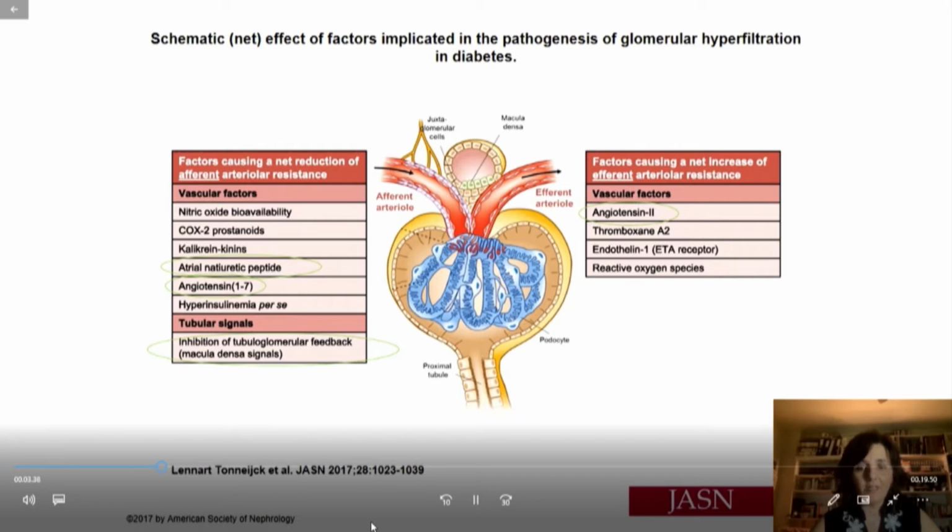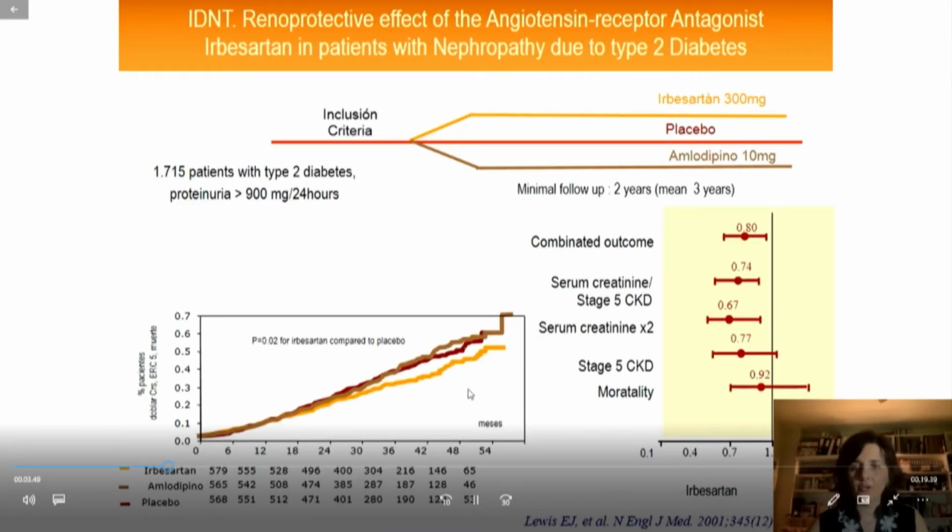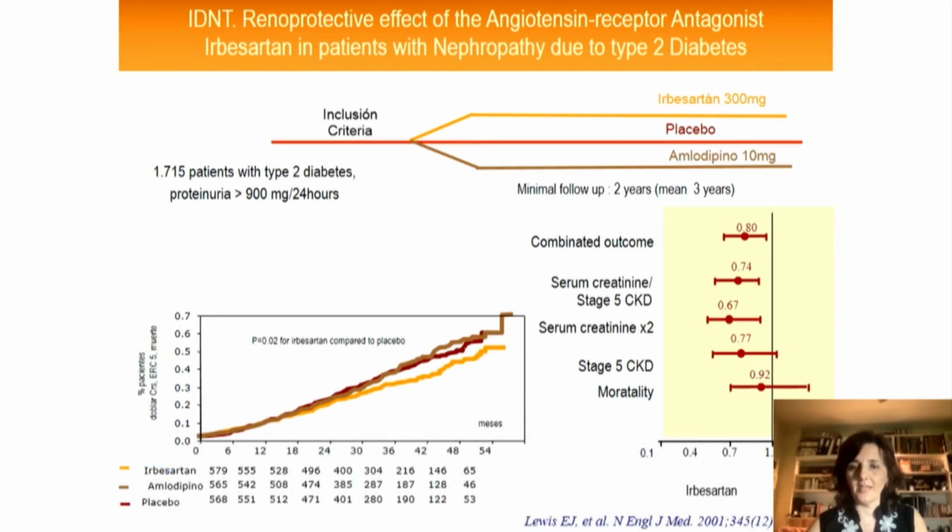RAS blockade has been shown to be renoprotective in diabetic patients with overt nephropathy as well as in non-diabetic CKD. I'm not going to bore you with all the clinical trials that show that ARBs or ACE inhibitors are effective in protecting against the progression of diabetic or non-diabetic proteinuric CKD, and this protection was independent of the reduction in blood pressure.